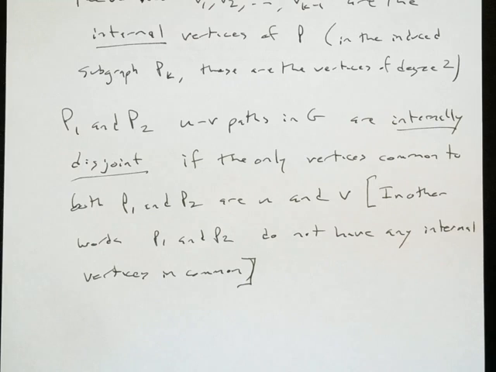They may or may not exist. And if I have a whole bunch of these, instead of just two, I could have a whole set. Then the only vertices any of them have in common are U and V. Any pair cannot share.